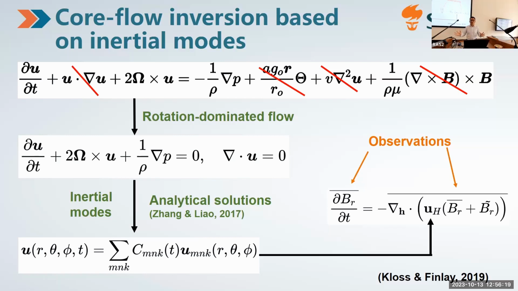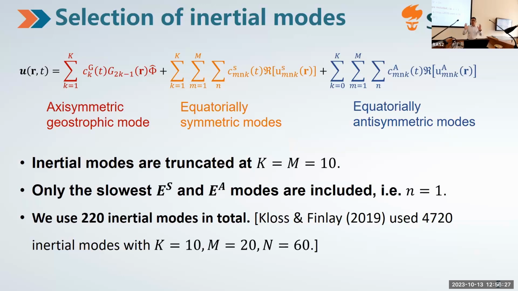This idea is not new actually. It was first introduced by Chris Finlay's team at DTU in 2019. But there are two key differences between our approach and Chris Finlay's approach.